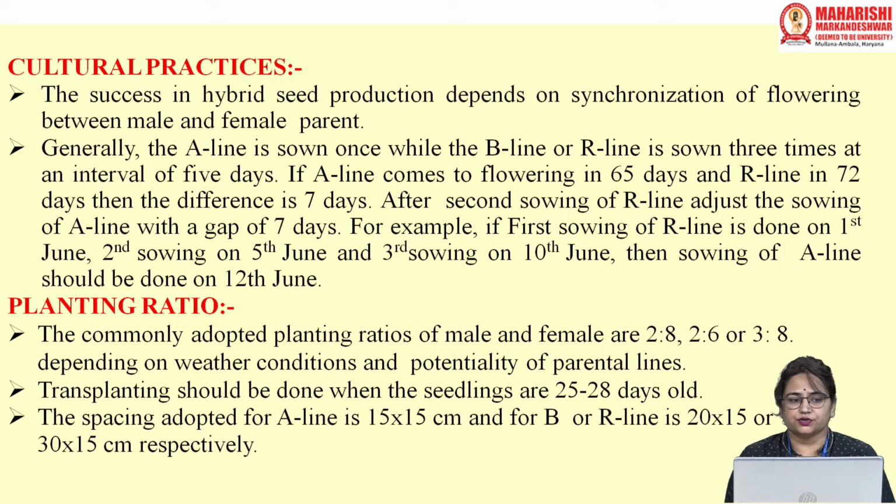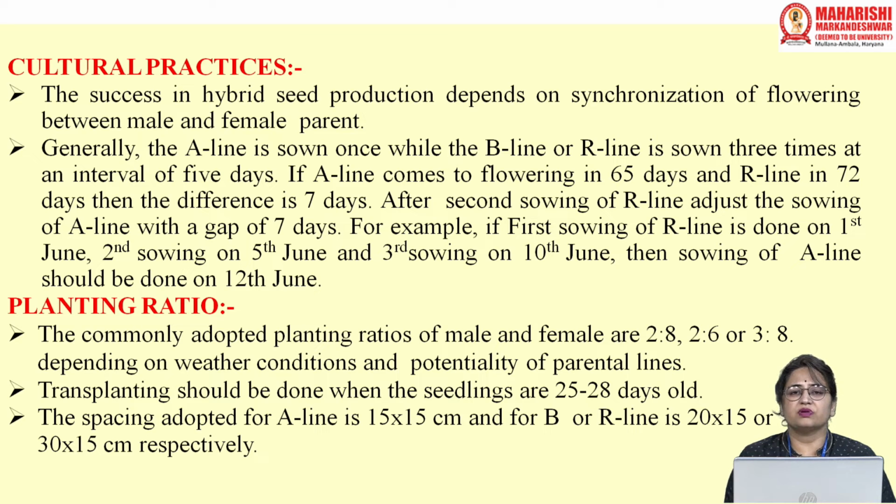Then planting ratio. The commonly adopted planting ratios of male and females are 2:8, 2:6 or 3:8. In 2:8, 2 are the rows of male parent and 8 are the rows of female parent. The greater the number of female rows, the more will be the production of hybrid seed.